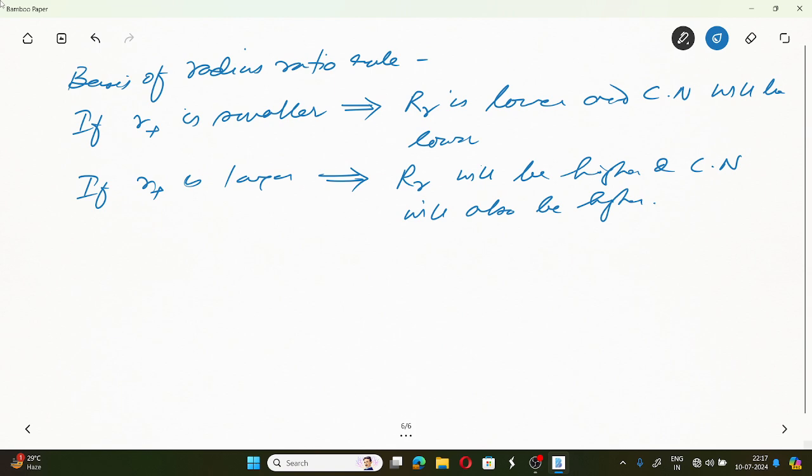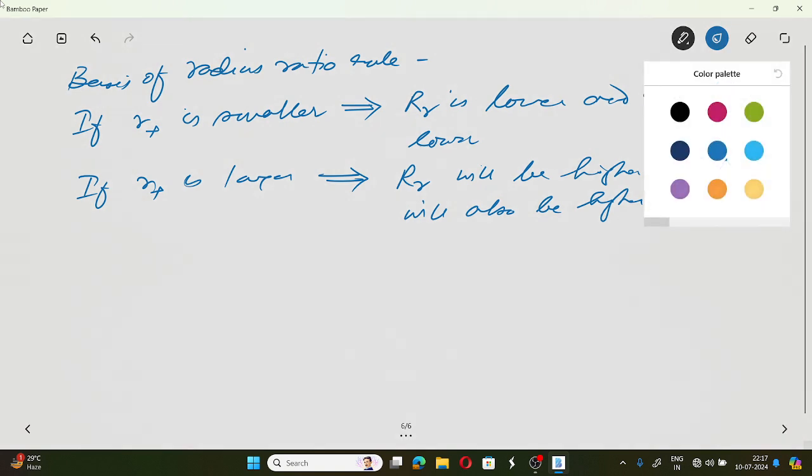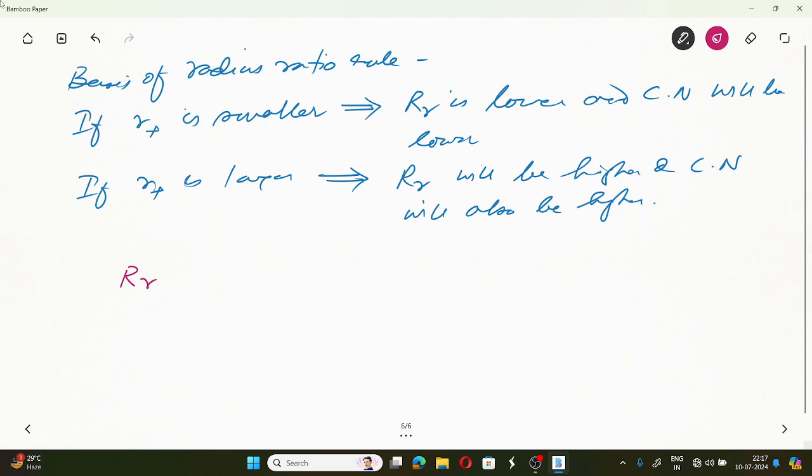Now it can be shown that if the radius ratio falls in the region of 0.155 to 0.225, then the coordination number around the cation is 3.